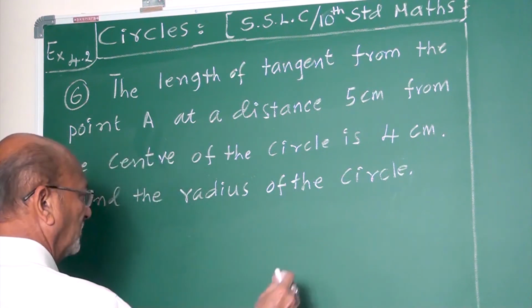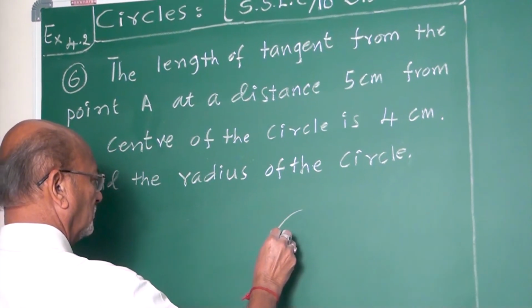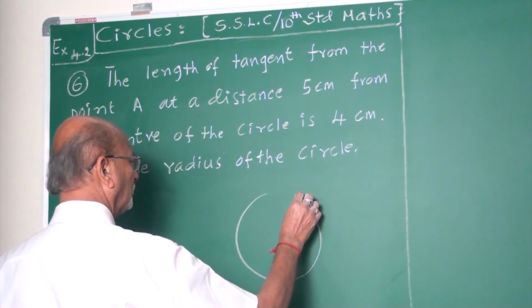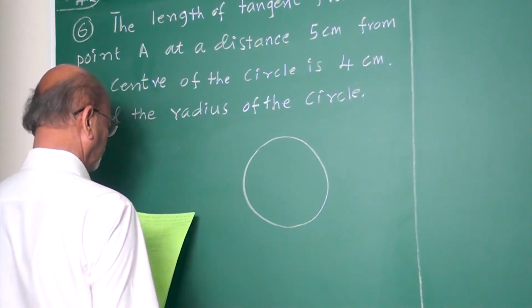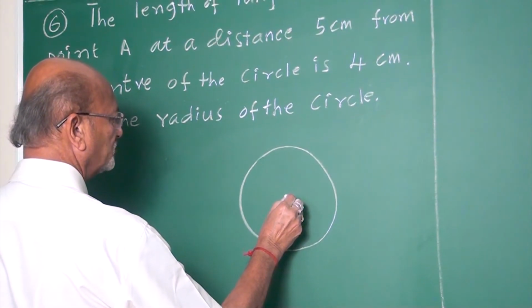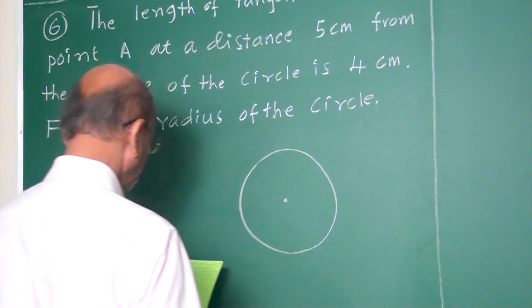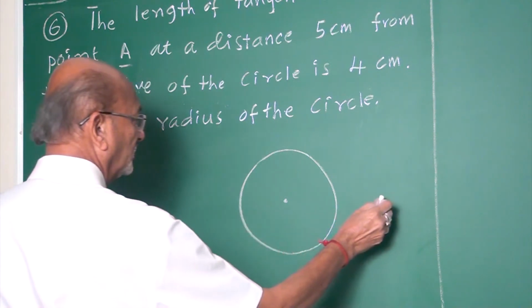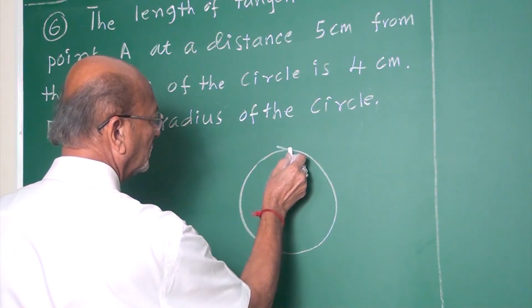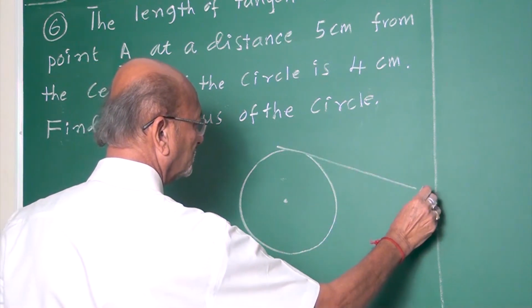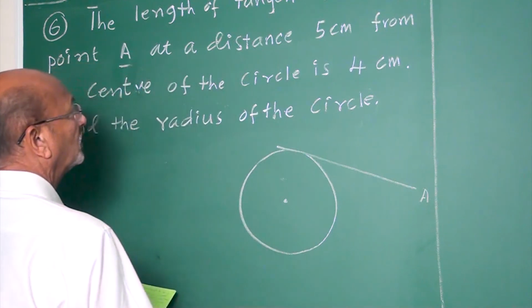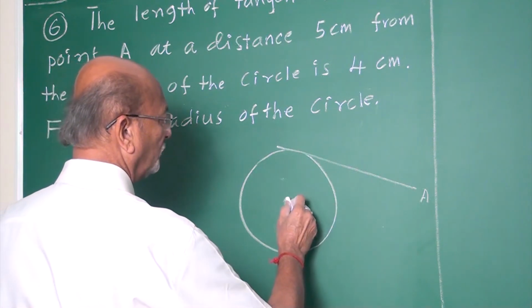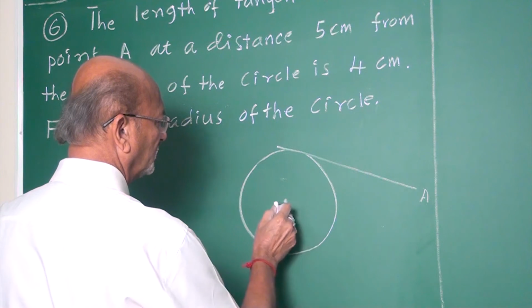Yes, my friends, this is the circle. Center of the circle is O. Normally it is always O. Tangent from the point A. A is outside, at a distance 5 centimeters from the center of the circle.